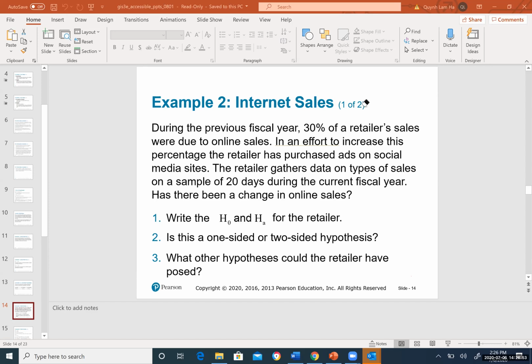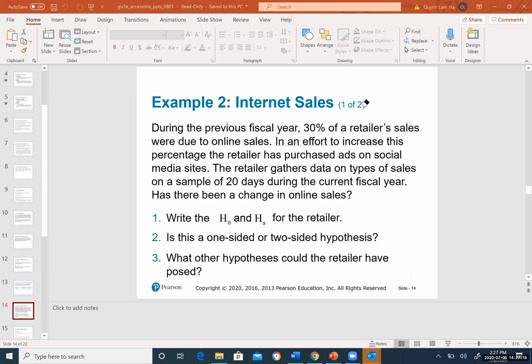I keep reading: the retailer gathers type of sales on a sample of 20 days. So that is your n, right? Sample size, 20 days. I forgot to point out 30% here. What do you think? This will be p naught, right?